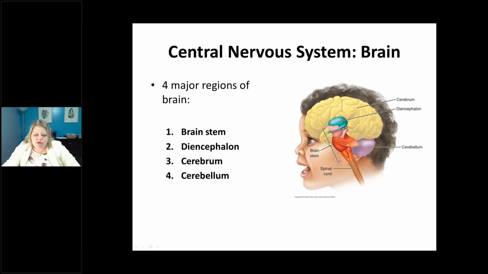The cerebrum is the biggest part of the brain, with all the folds, what we think about when we think of the brain. And then the cerebellum is the second largest part of the brain, just posterior to the brainstem and a little inferior to the cerebrum. It has a lot to do with our coordination, our equilibrium, and our balance. We're going to break down each of these regions.